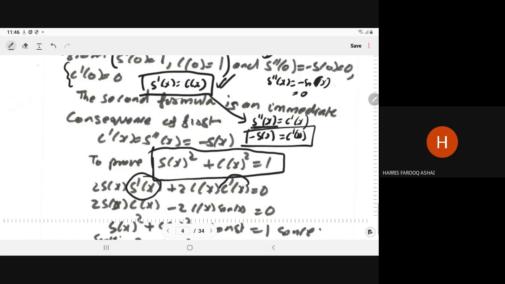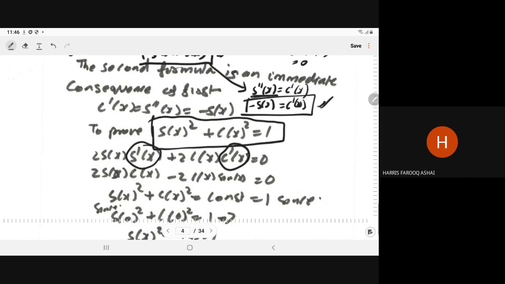What is c dash? C dash is equal to minus s. So putting c dash is equal to minus s and s dash is equal to c, it becomes 2sc minus 2sc, that is equal to 0. So it is true.